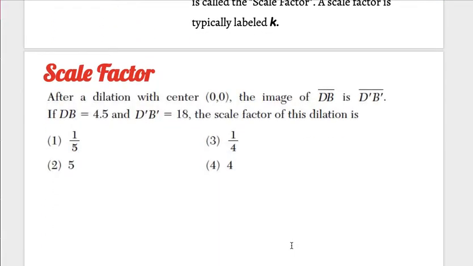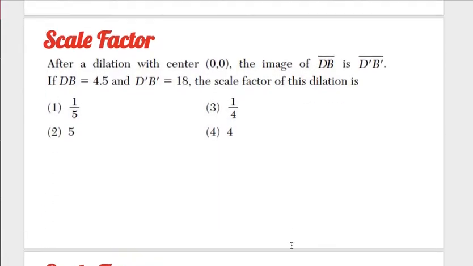So let's check the first example. We don't have the picture, but we do have the description. After dilation with the center (0, 0), the image of segment DB is D prime B prime, and we know the length of both, so they are asking what is the scale factor.